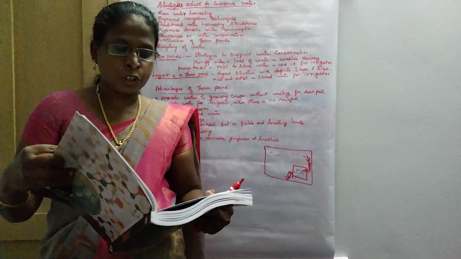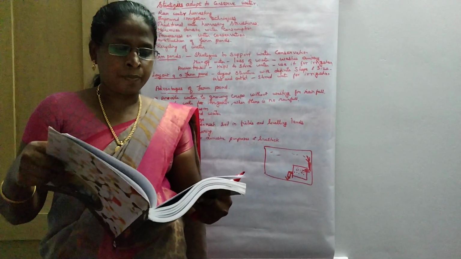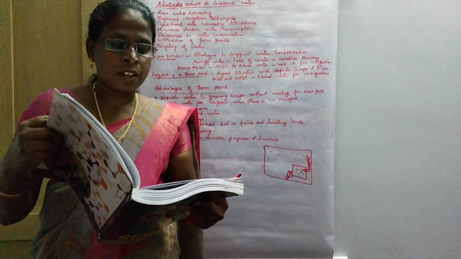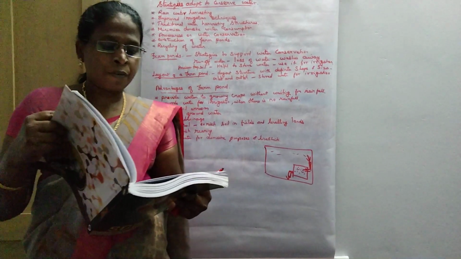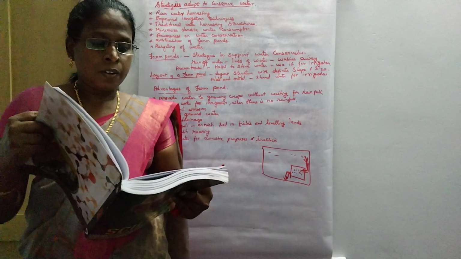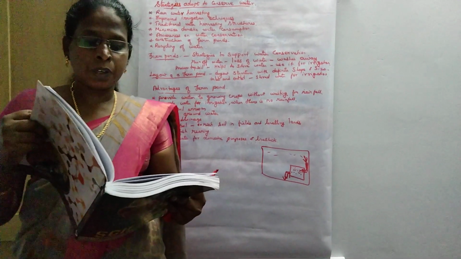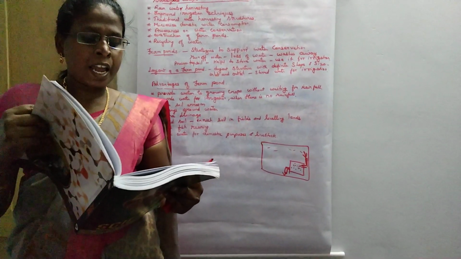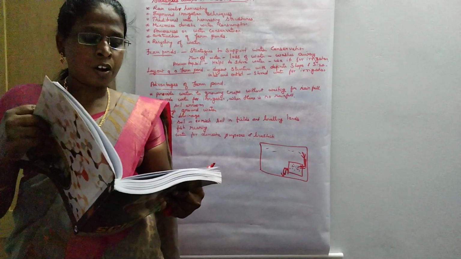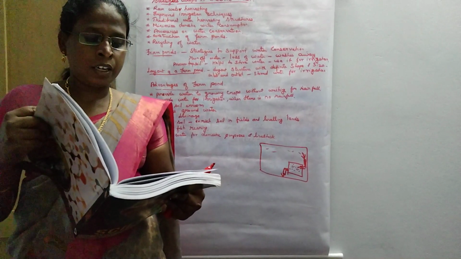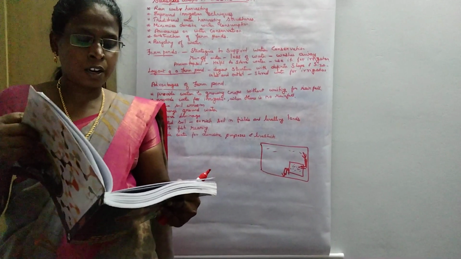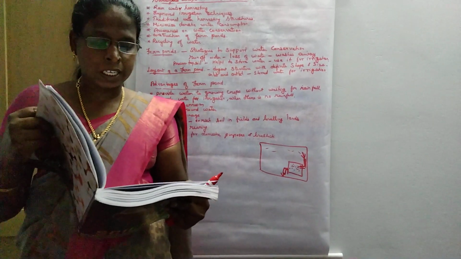Estivation is an adaptation to overcome cold condition. So that statement is false. You can write false. You can write estivation is an adaptation to overcome dry or hot condition. Dry, D-R-Y, dry, hot, H-O-T, hot condition.